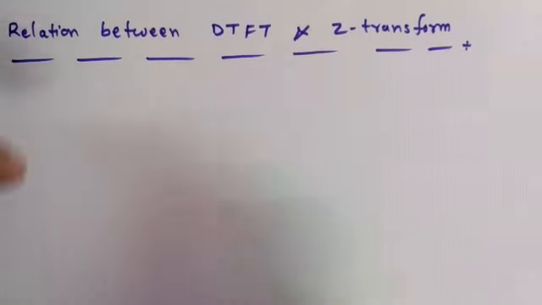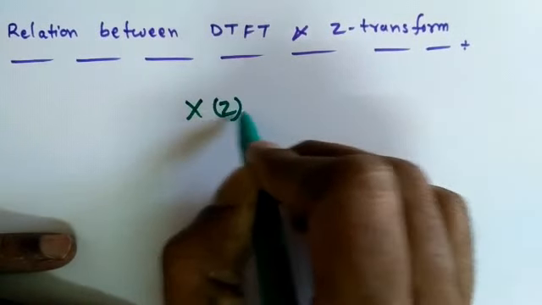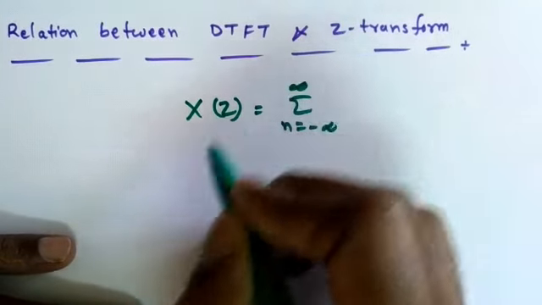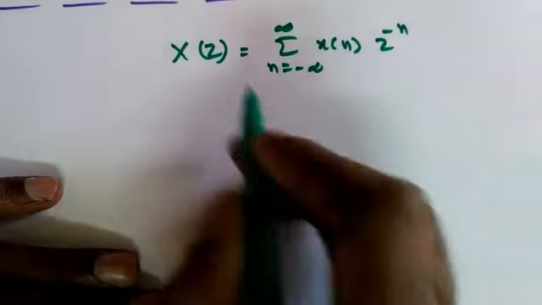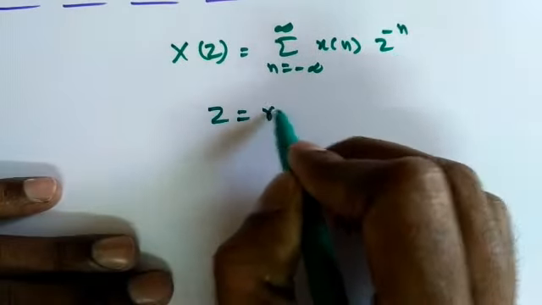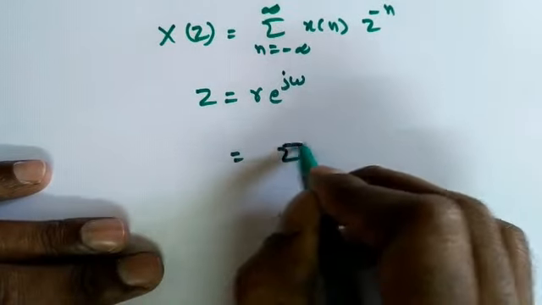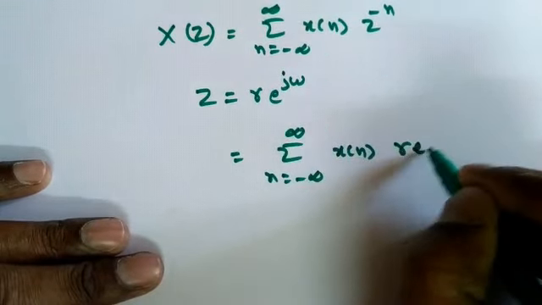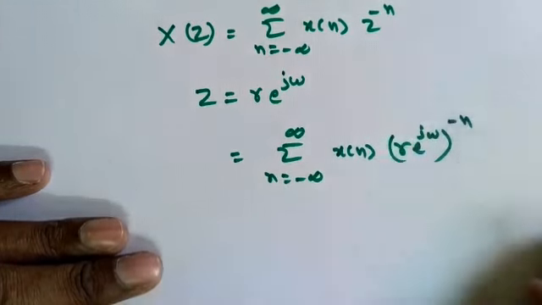Now we'll see the relation between the discrete time Fourier transform and the z transform. We know that the z transform of any signal x of n is sigma n is equal to minus infinity to infinity x of n z power minus n. Now if I take this complex variable as r into e power j omega, this will become sigma n is equal to minus infinity to infinity x of n times r e power j omega, power minus n.